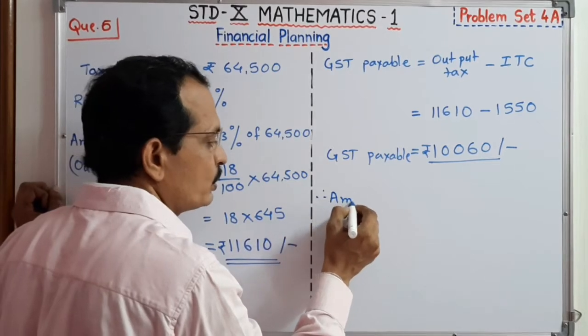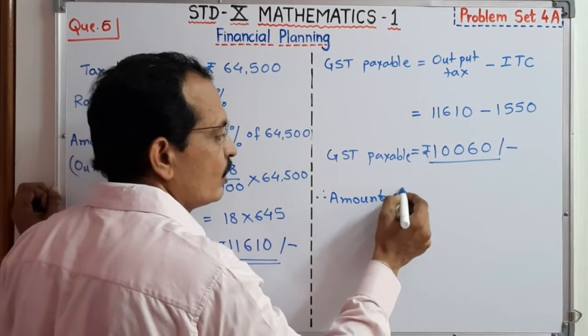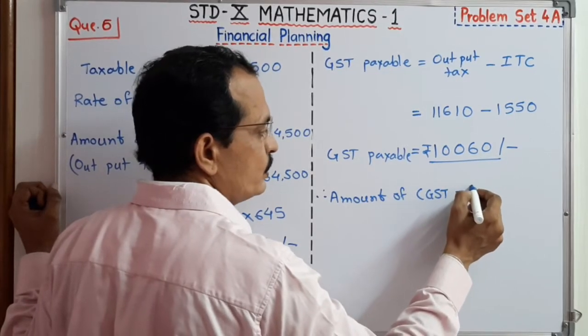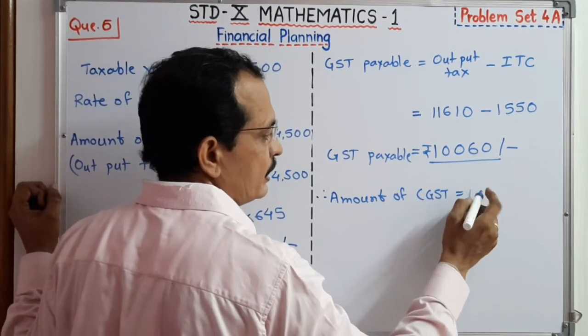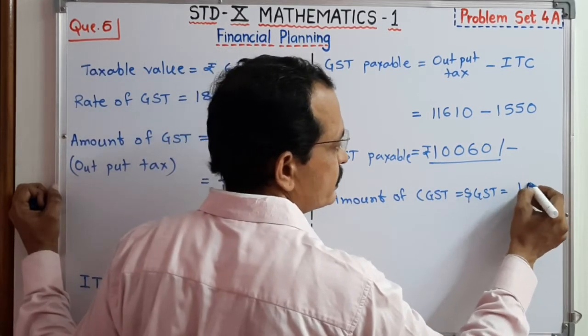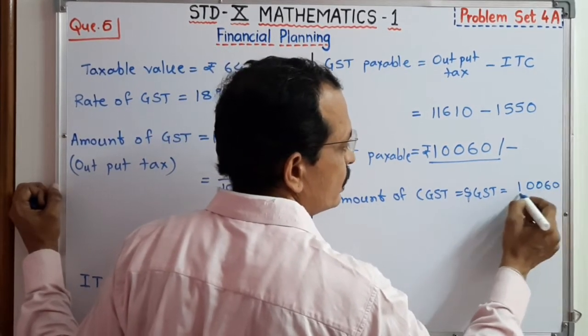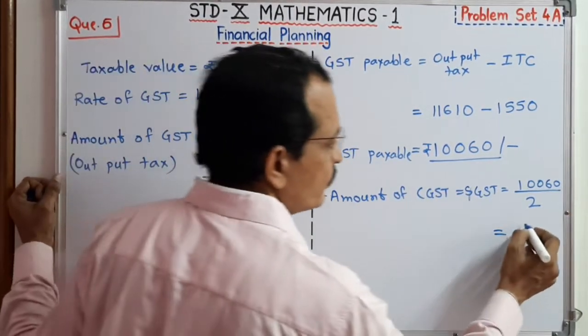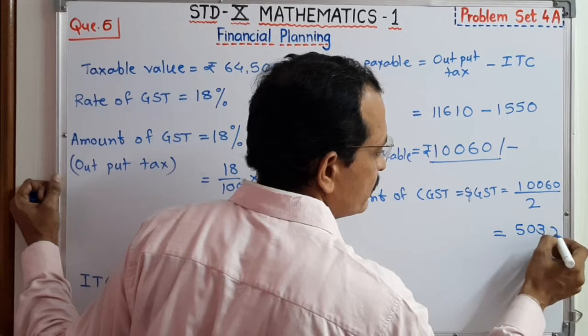Now we have to find out the CGST and SGST. Therefore the amount of CGST is equal to SGST is equal to 10,060 divided by 2, then it is 5030.